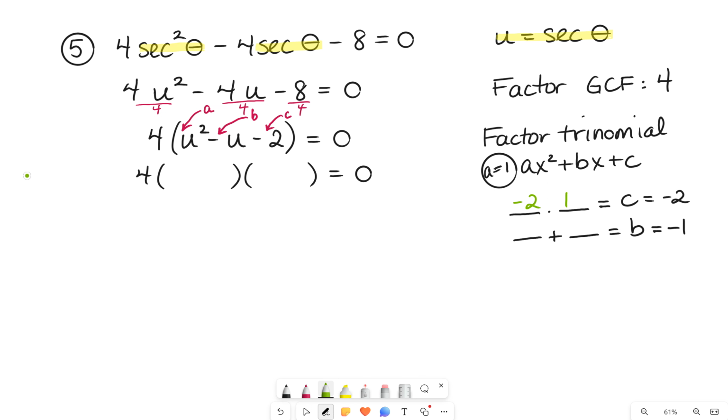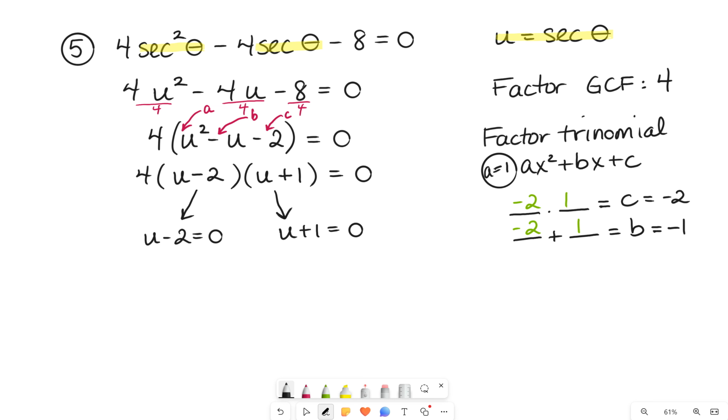If you guessed negative 2 times 1, and negative 2 plus 1, those satisfy both equations. So my factored form will be u minus 2 and u plus 1, which were the two options that I wrote in green on the right.